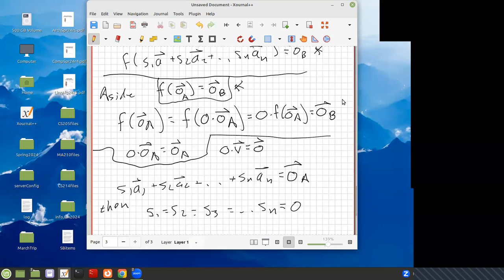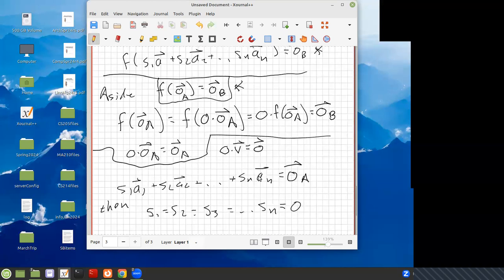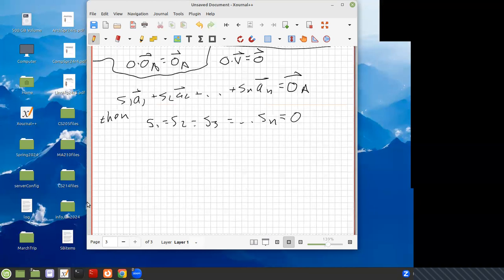Those are the coefficients that we moved back to this one using F, but that's also the coefficients of this B combination. Therefore, the Bi's are linearly independent.